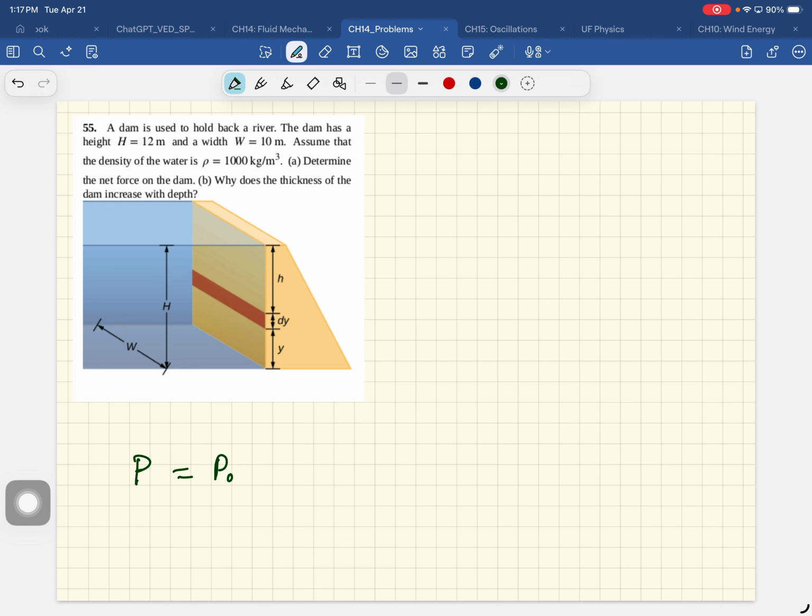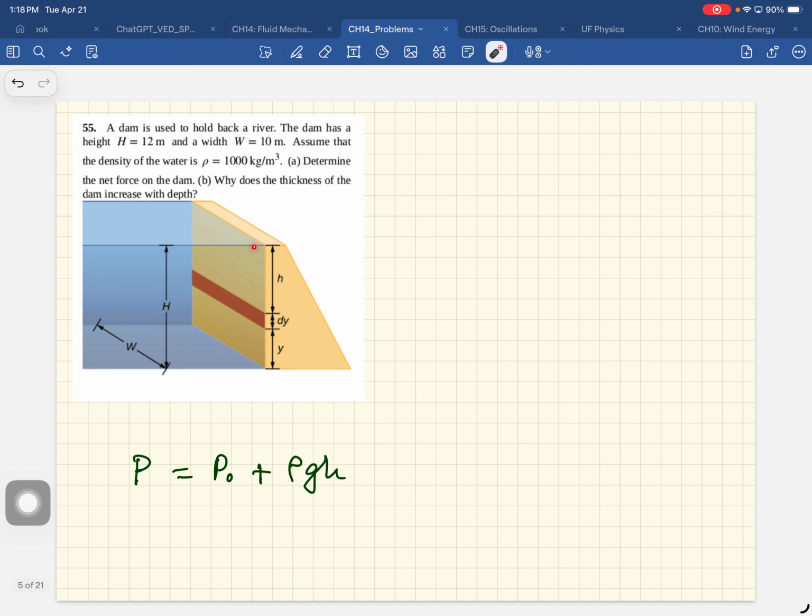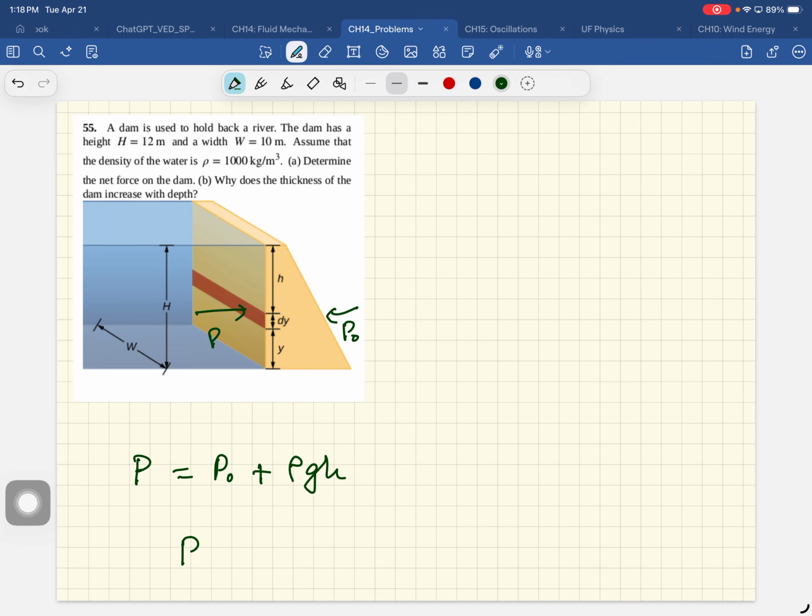What is h equal to? h is equal to H minus y. So the force is equal to the integral from 0 to H of rho g (H minus y).